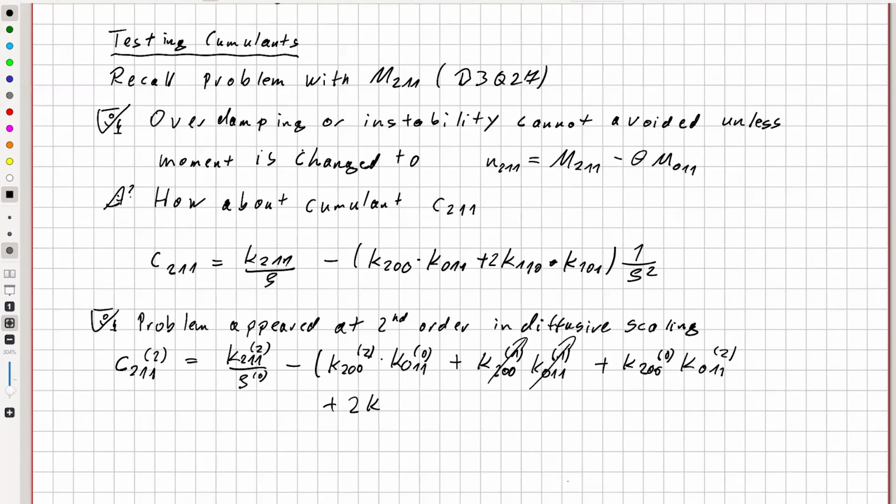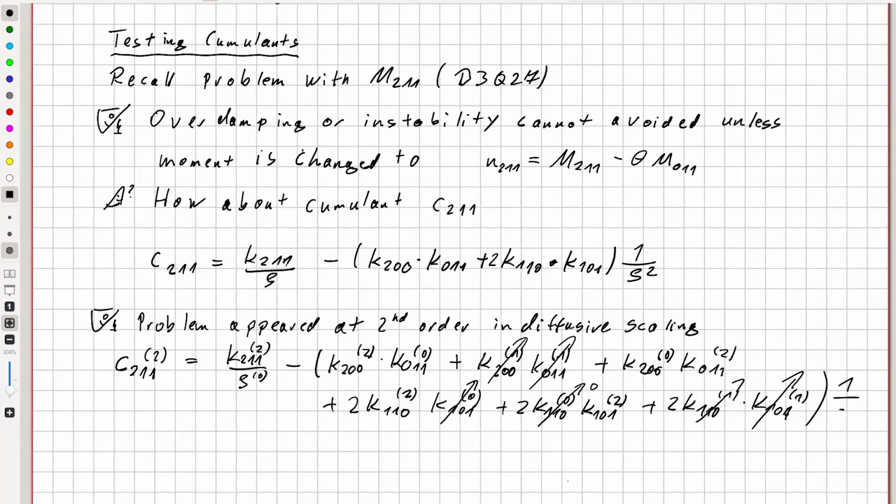Sorry, yes. 2K110 to second order and K101 to zero order, of which we know does not exist, plus 2K110 zero order, K101 to second order, of which we know that this does not exist, plus 2K110 to first order times K101 to first order, of which we know that both do not exist, divided by rho 0 square.